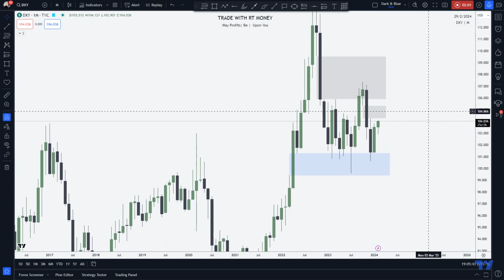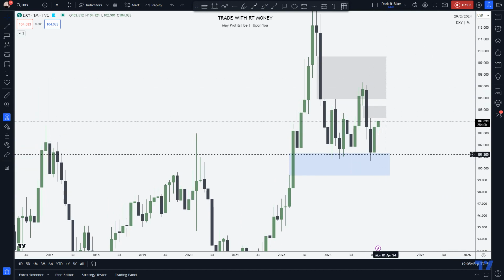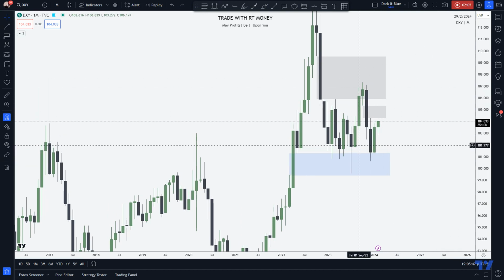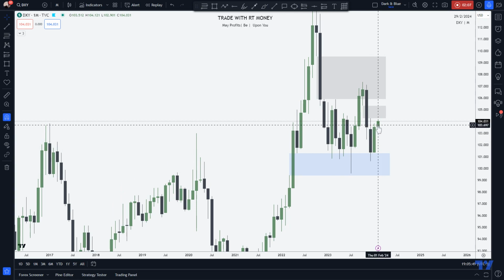And the markets like to rebalance that which is imbalanced. This is February's candle, and it's already taken last month's candle.